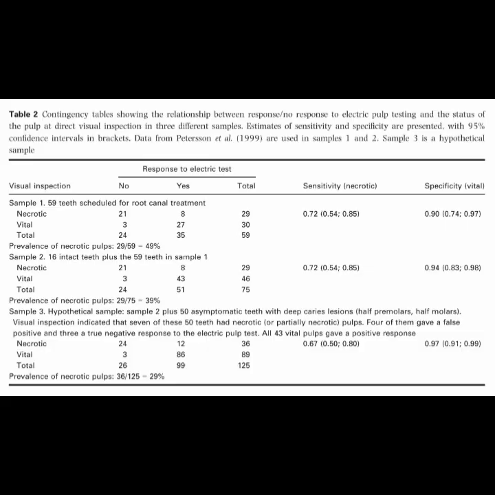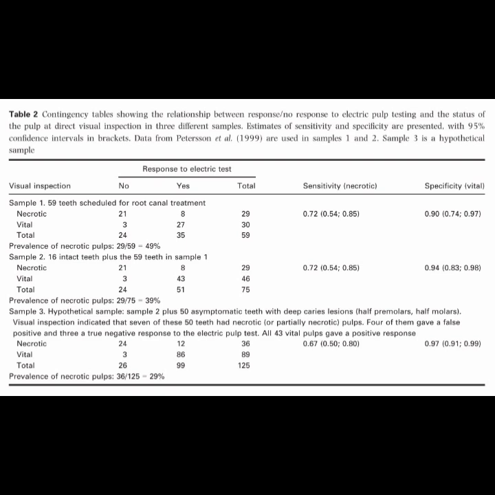For the result, EPT sensitivity was 72% and the specificity was 90% for the original sample. When you expand the sample by adding the 16 intact teeth, EPT sensitivity remains 72% as the number of necrotic pulps did not change, but the specificity increases to 94% due to the inclusion of more healthy pulps.